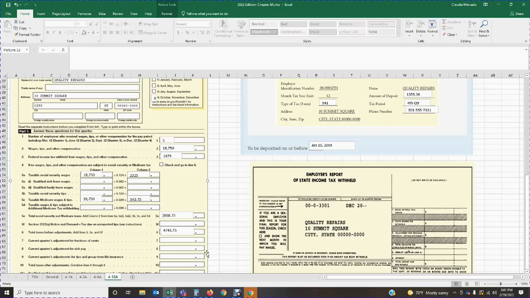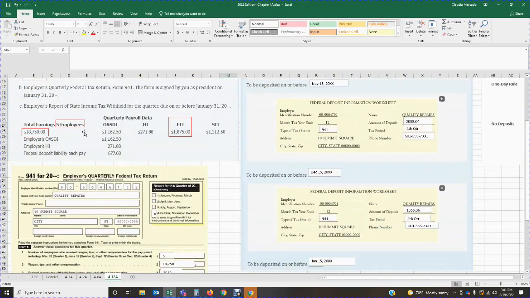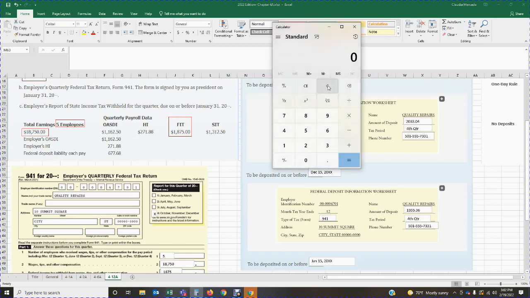How are we going to calculate that? Your federal deposit liability for each pay period was provided, 677.68. They also give you the OASDI for the employee, the employer, the HI for the employee, for the employer, and the federal income tax. We need to add those numbers up.